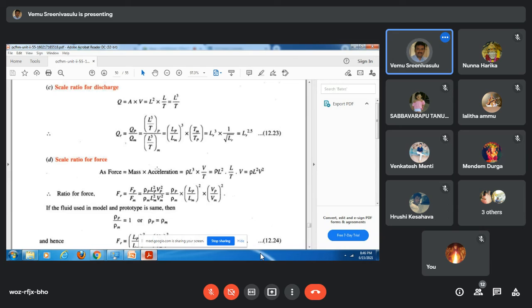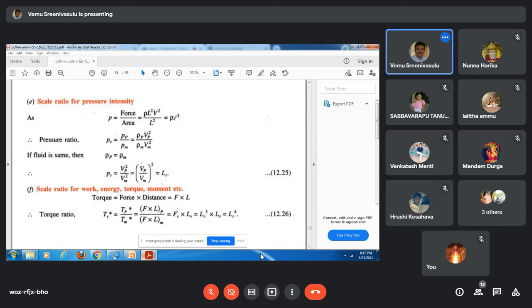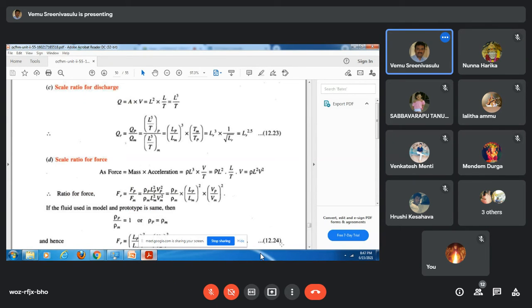Similarly for discharge, QR, the scale ratio for discharge, means Q prototype by Q model, is equal to LR to the power of 5 by 2. Okay. And the scale ratio for force is equal to something like this.